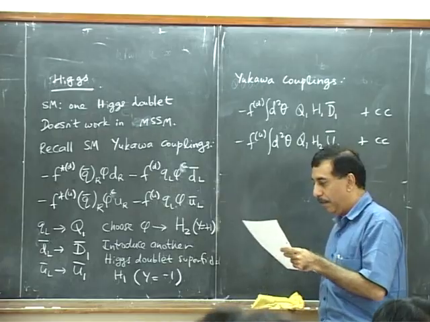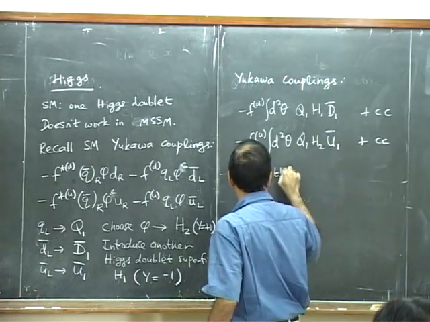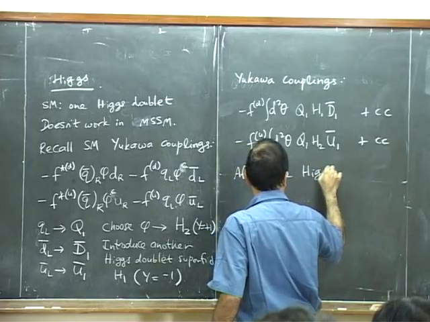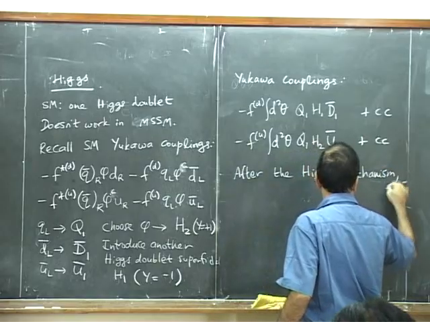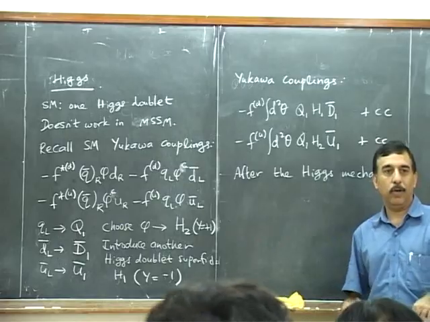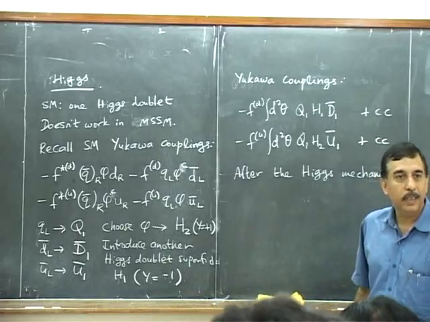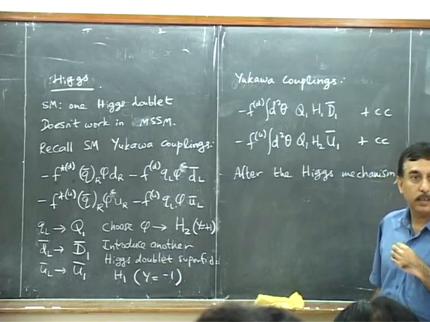Okay. Now after the Higgs mechanism, which I am going to do in detail, but I am just anticipating things that we can very well guess. Because the Higgs mechanism will have to be worked out, I'll have to postulate the potential, write all the ordinary space terms. Yes. This kind of a coupling, what does it give apart from the Yukawa coupling?